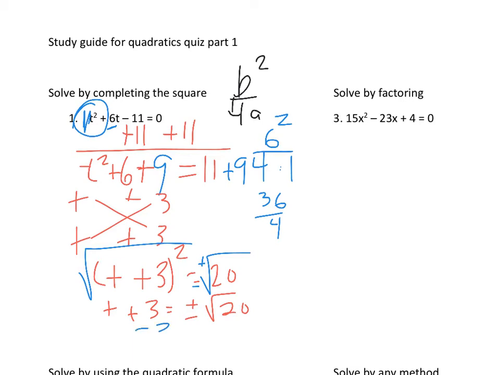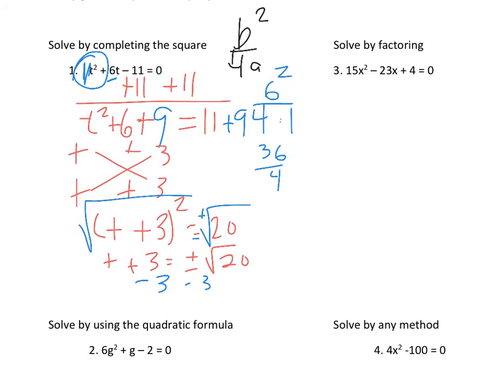But t is not by itself yet, so I'm going to subtract 3 from both sides, and that would give me t equals negative 3 plus or minus the square root of 20.